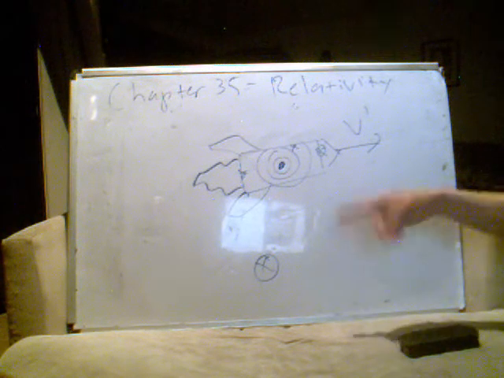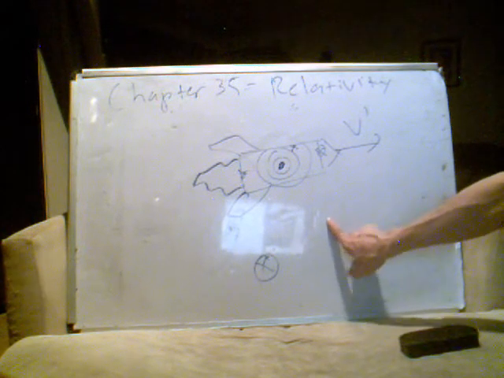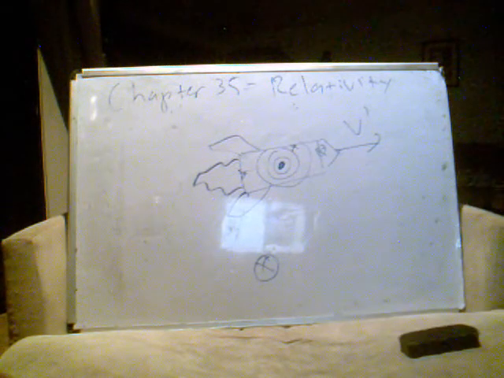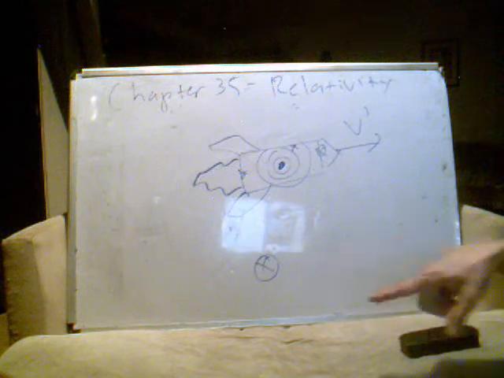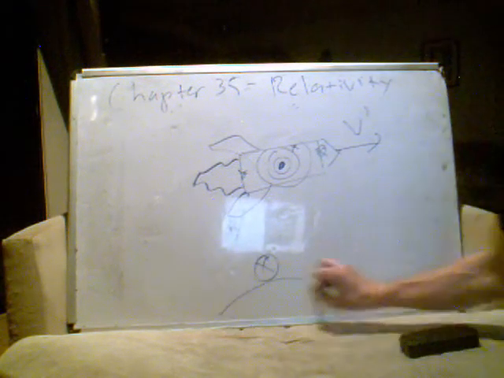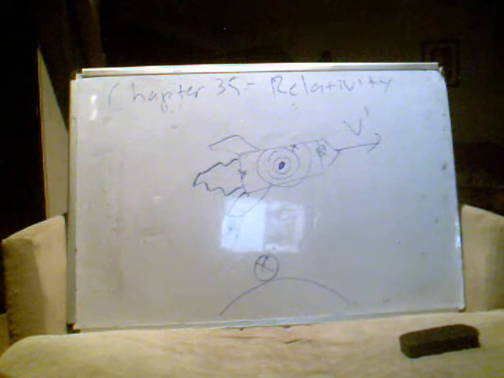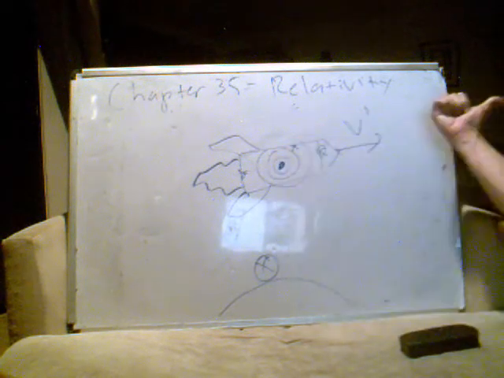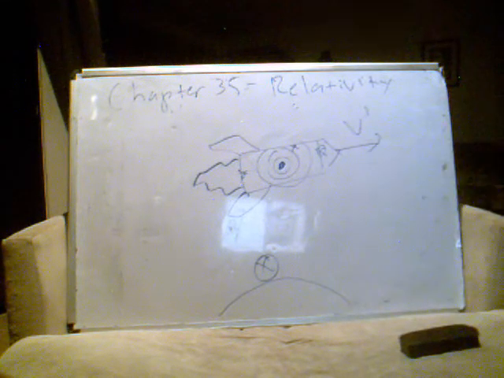Now, if you're outside the ship and somehow able to see inside because it's made out of plexiglass or whatever, in the observer's frame of reference down here, or on the ground on a planet where the rocket ship is passing by, then the light here is going to be moving this way.